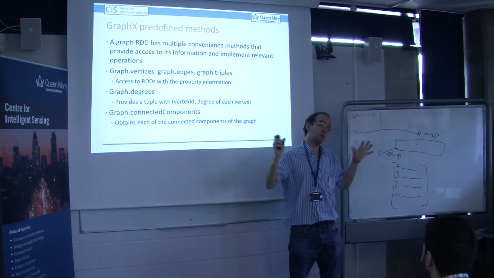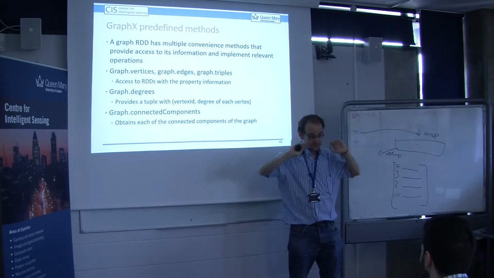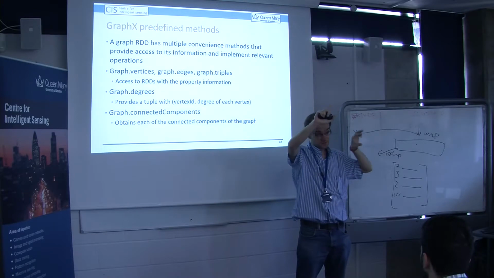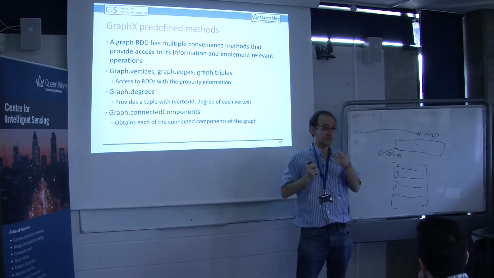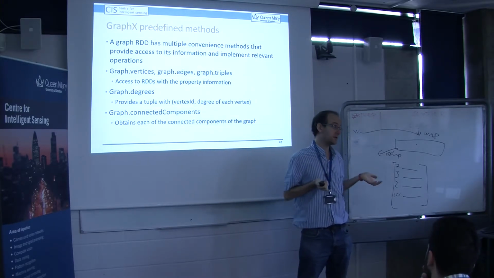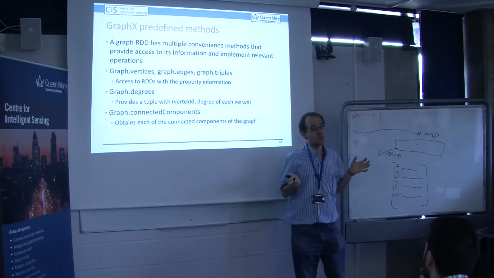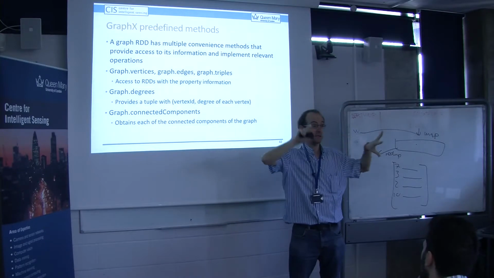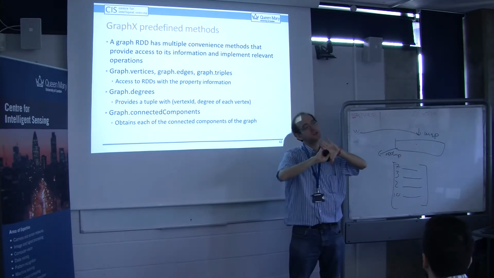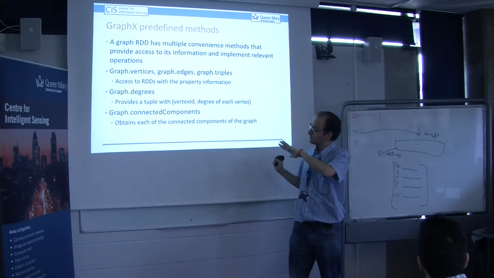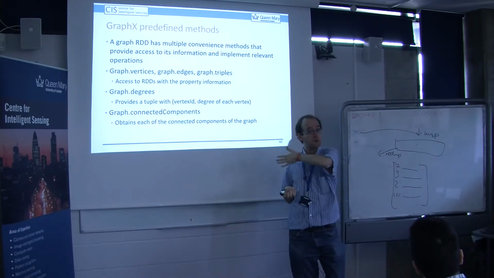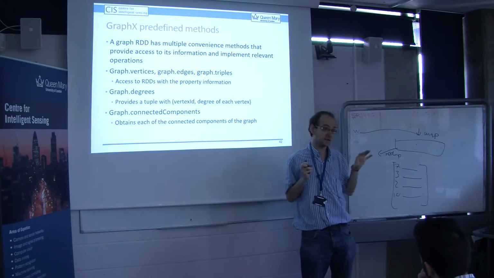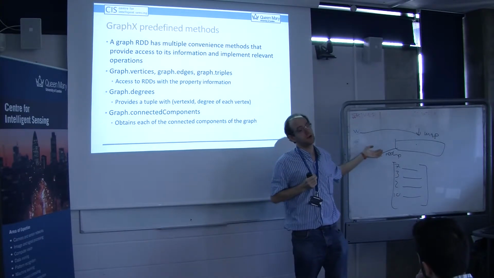What connected components does is take a graph and find what are the different connected subgraphs that we have there, because it can be the case in some scenarios that our graph is in reality a set of multiple subgraphs that are not connected with each other. And connected components will already perform that computation and return the list of graphs that are present in our dataset.